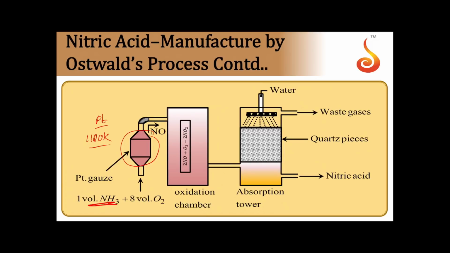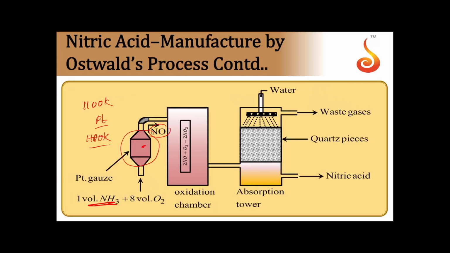Once it is heated, further heating is not needed because the heat of the reaction itself is sufficient to maintain the temperature. In the catalytic chamber, ammonia is rapidly oxidized to nitric oxide.